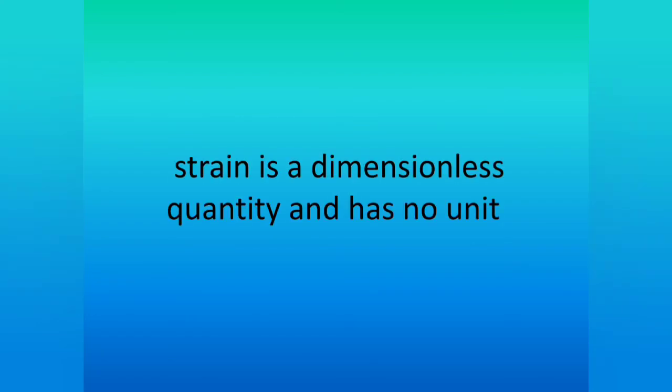Now, I want to share an important thing: strain is dimensionless and it has no unit. Why? Because strain is defined as the ratio of same quantities. Maybe change in volume to original volume, that is volume by volume. Change in length by original length, again length by length.